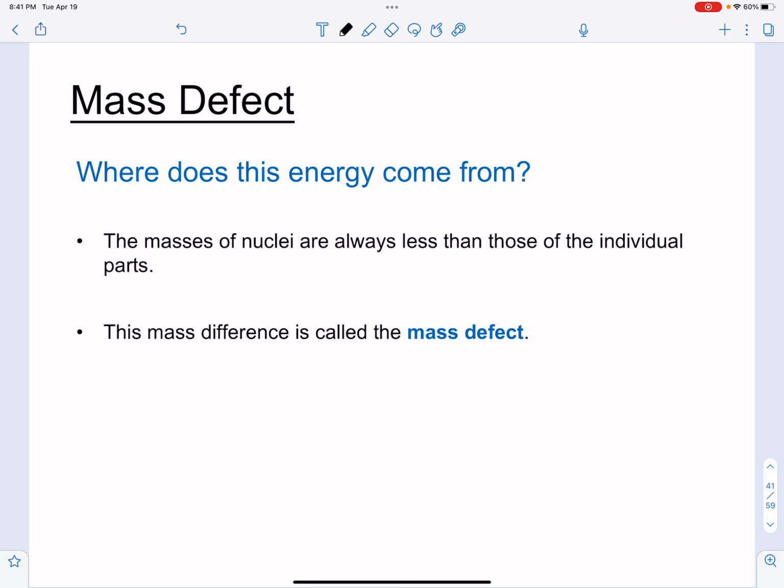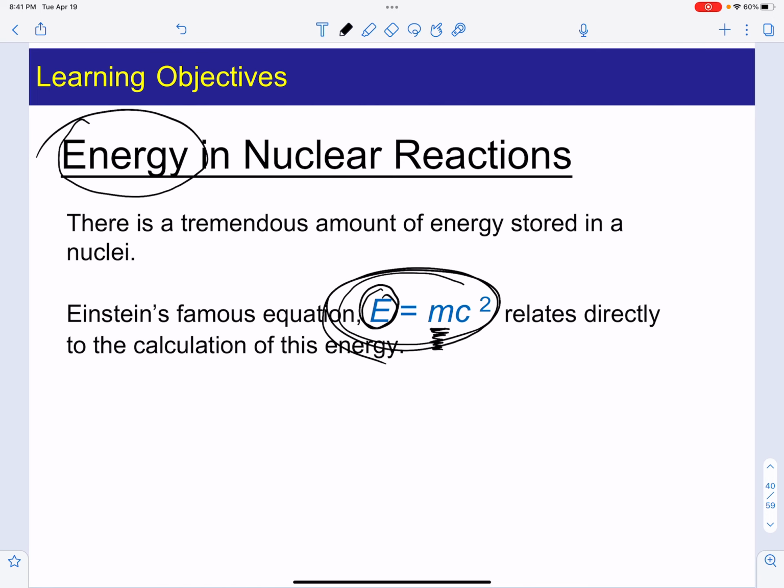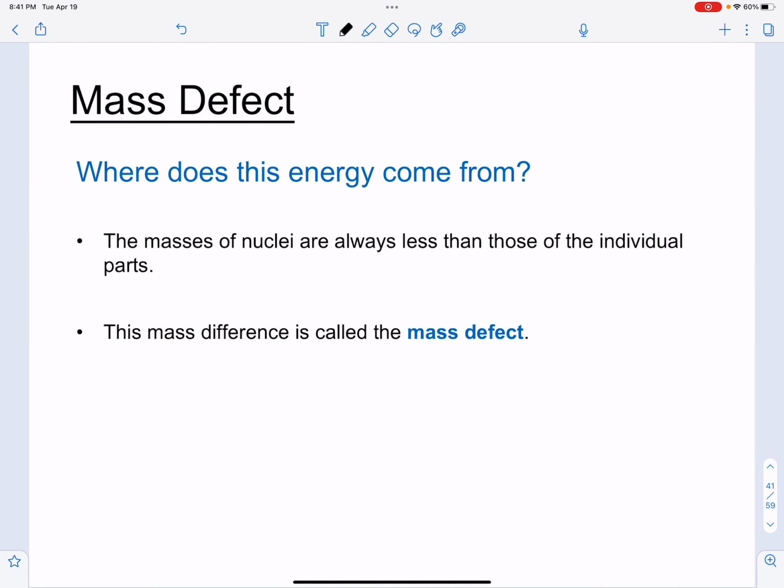All this energy is going to come from the mass, like we're seeing here, and it's going to be due to something called the mass defect. And the mass defect is nothing more than this. For example, if I have hydrogen, which is one proton and one neutron, and I look for the specific mass of this isotope, it's going to tell me that it's around 1.0007 atomic mass units.